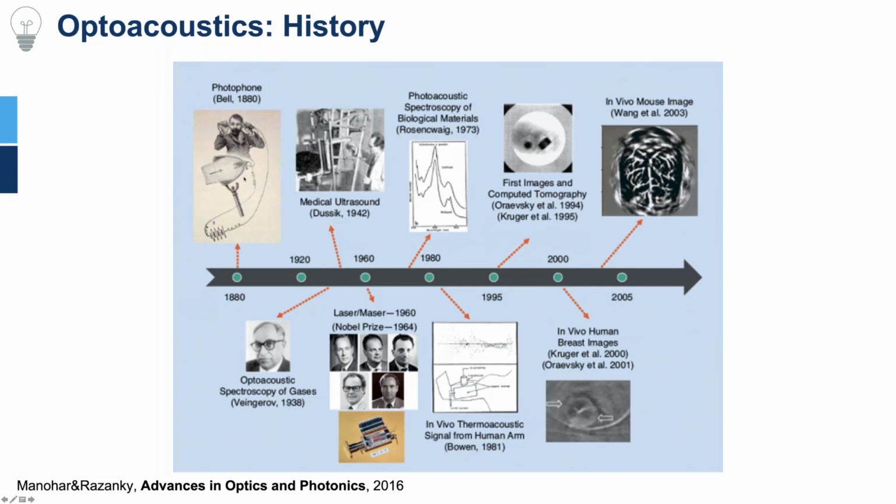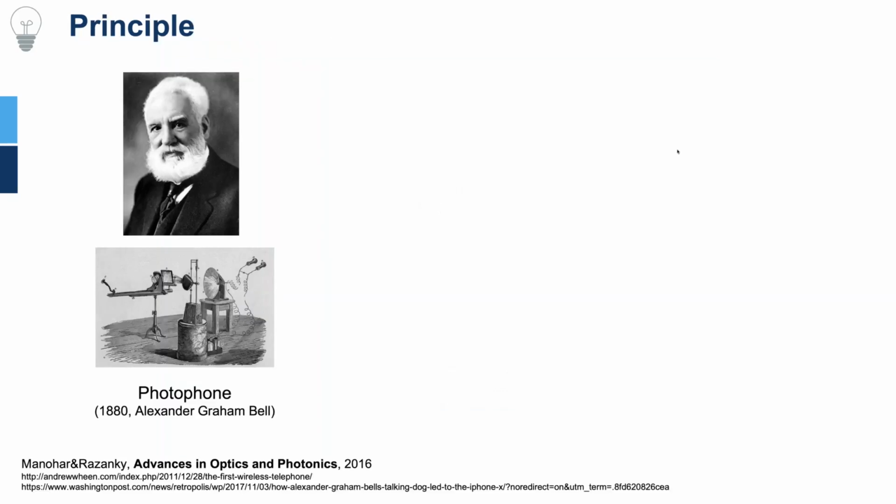And this was developed very much further by different people, now evolving into an imaging modality. And here are maybe some of the first images derived by Lihong Wang from in vivo imaging in a mouse brain. So how was this developed and how is this effect described?